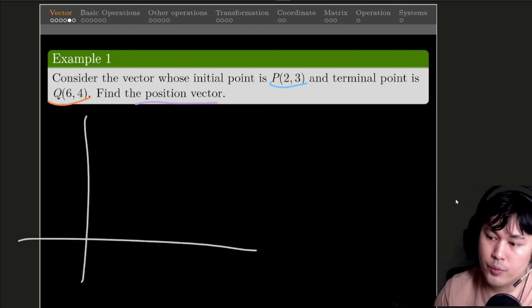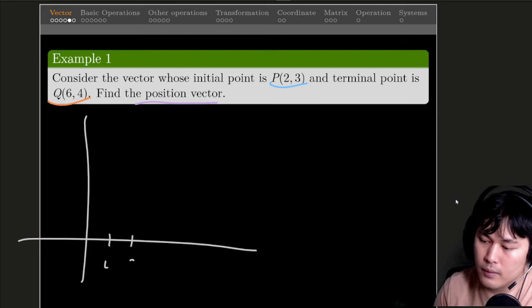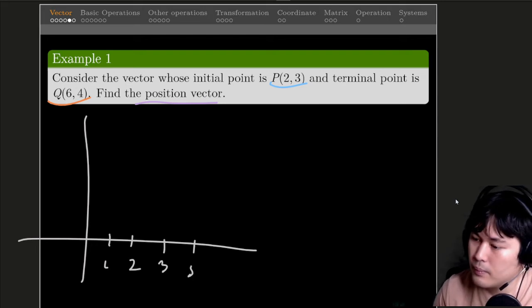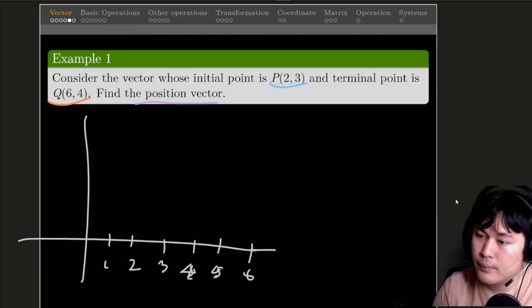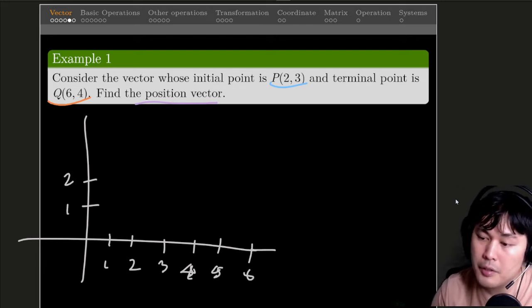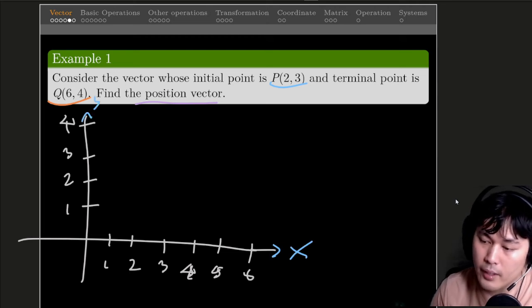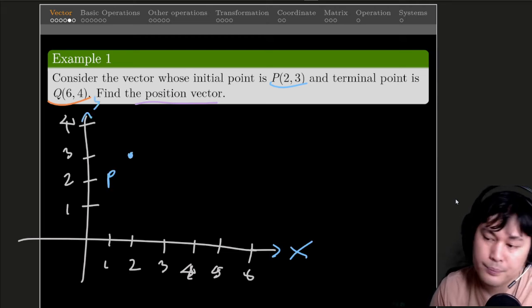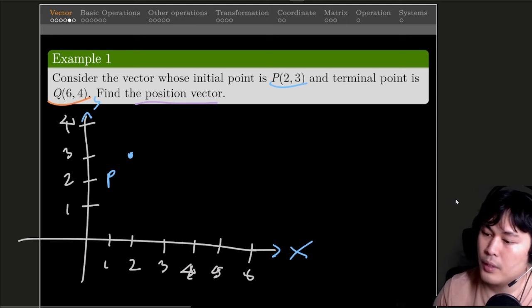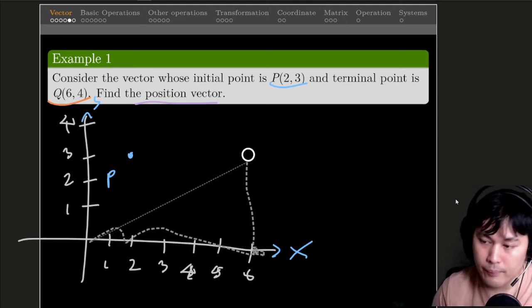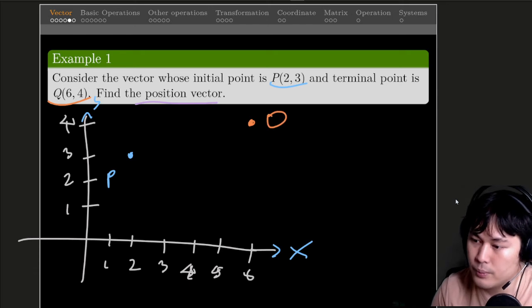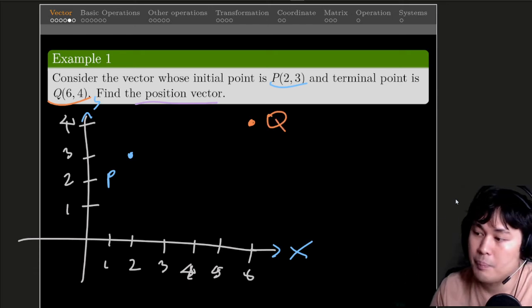The point 2, 3: 1, 2, 3, 4, 5, 6 horizontally, and for the vertical, we need up to 4. So we have the point P, 2, 3. 2 means 2 on the x-axis, and 3 on the y-axis. And then we have the point Q, 6, 4. It is 1, 2, 3, 4, 5, 6, and then 4 steps up. So that's the point Q. And so we got the points.